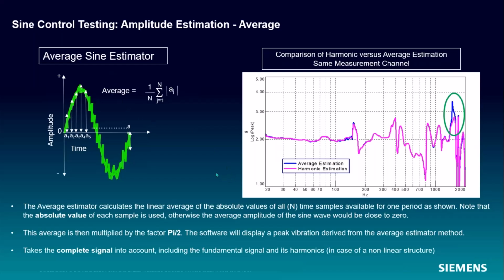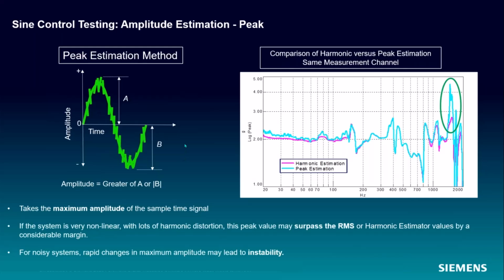So average is going to be even a little more conservative, i.e., this drive voltage for using the average estimator as control is going to be even lower than harmonic and RMS. And then our last estimator is peak. And overall, peak just looks at one block of sine data and pulls the highest absolute value amplitude out and uses that for control.